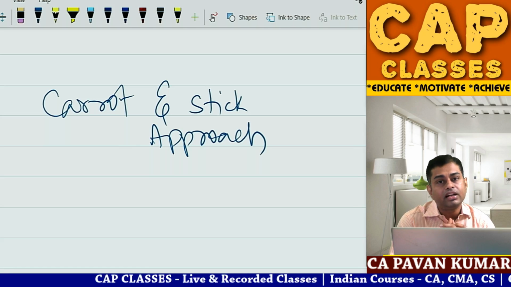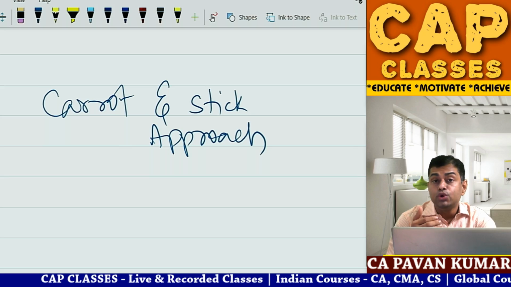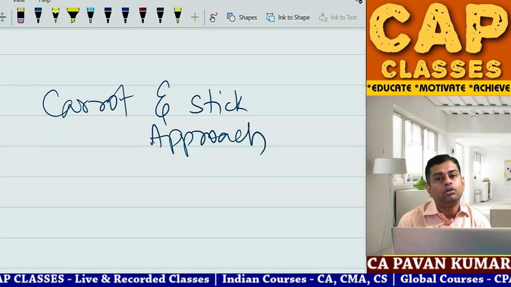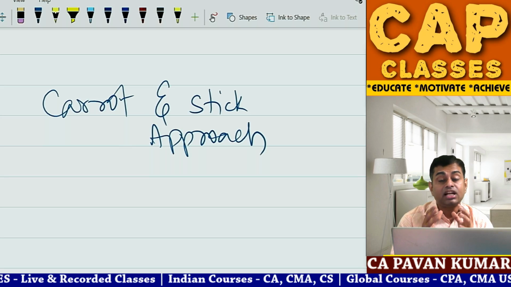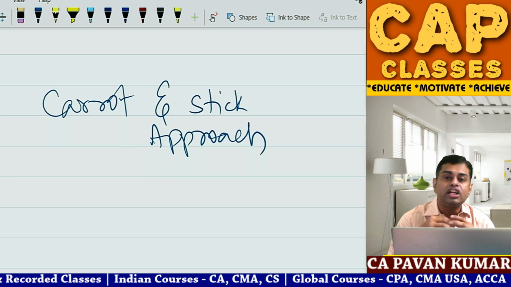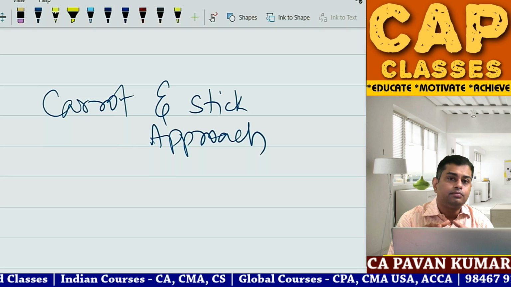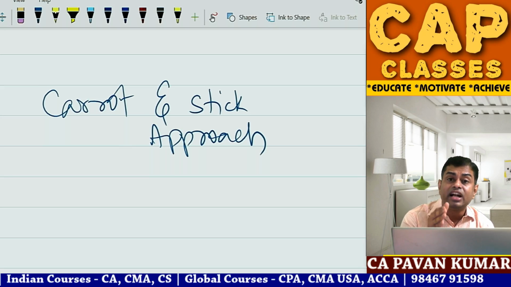Incentive and penalty. In the previous class, if you remember, I gave you the meaning of control and various types of controls: quality control, cost control, finance control, budgetary control. So many types of controls I told you. The objective of control is to ensure that the work is happening as per the expected path.